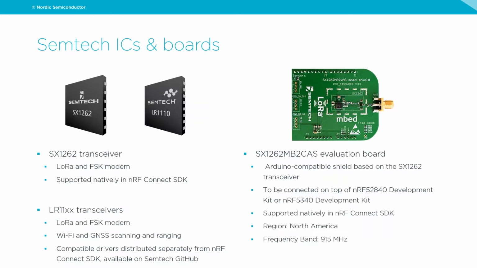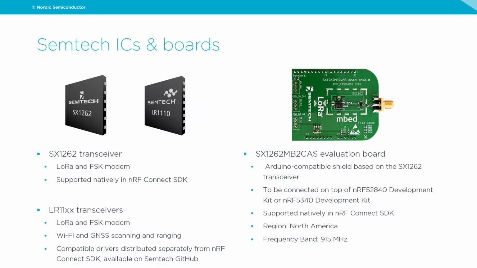For our Amazon Sidewalk solution, as I mentioned before, we're using this transceiver, and it has a very well-fitting evaluation board that you can just add to the Arduino header. So basically just stack it on top of the nRF52840 DK or nRF5340 DK, and it's natively supported in nRF Connect SDK.